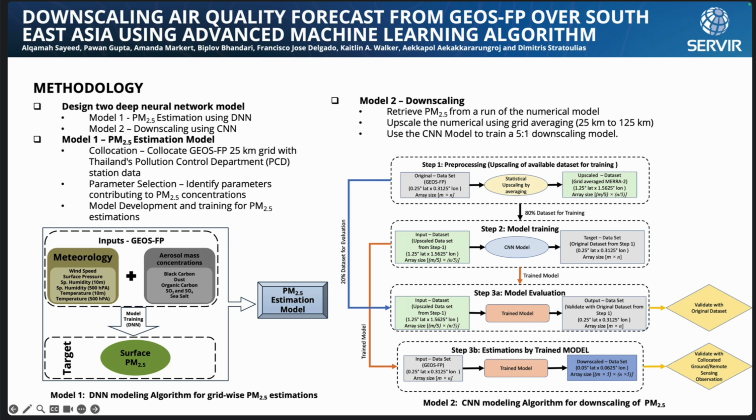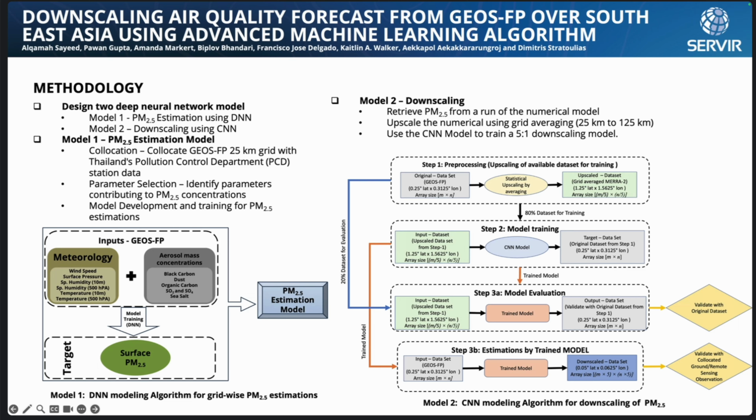The first model bias corrects the existing forecast by training on the collocated GEOS-FP meteorology and aerosol mass concentration. As you can see in the figure on the left bottom, we used different meteorology like wind speed, surface pressure, specific humidity at surface, specific humidity at 500 hectopascal level, surface temperature, and temperature at 500 hectopascal level.